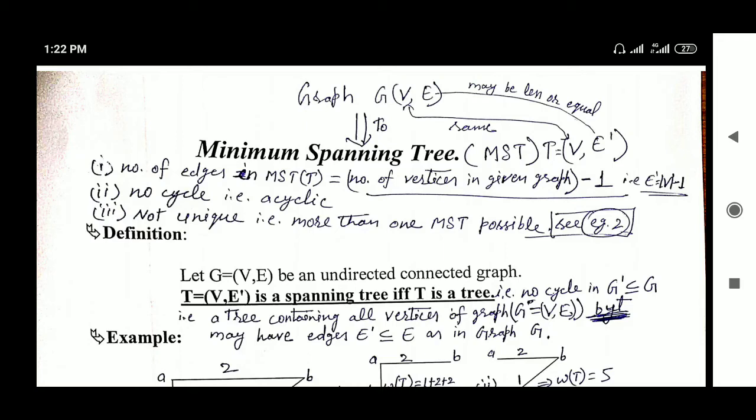So today we will discuss the minimum spanning tree, MST, T for a given graph G with the set of vertices capital V and set of edges capital E. The minimum spanning tree will be the minimum cost spanning tree T with the set of vertices equivalent to the set of vertices in graph, that is capital V, and set of edges E dash will be equal to the number of vertices in the given graph minus 1.